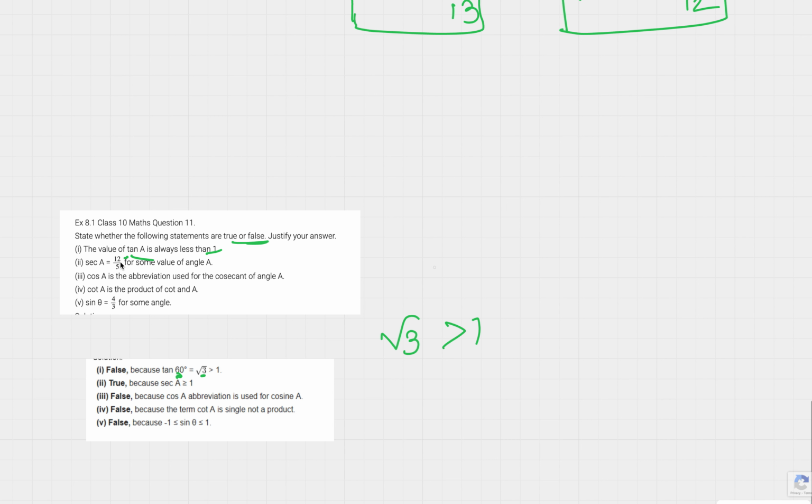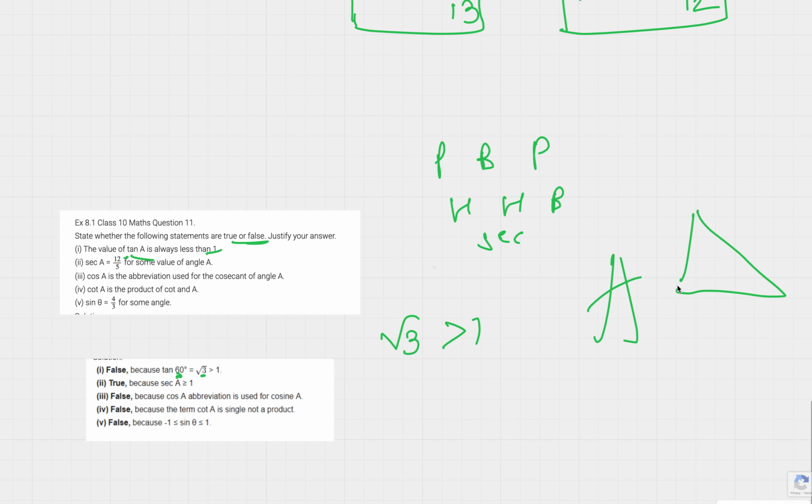Can sec A be 12 by 5? Sec is hypotenuse by base, so H is 12 and B is 5. Yes, this is possible, like hypotenuse is greater than base.